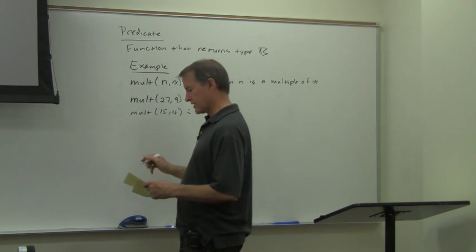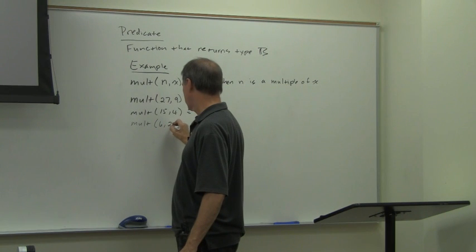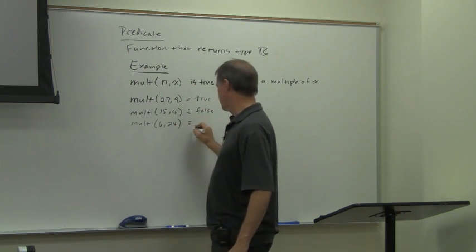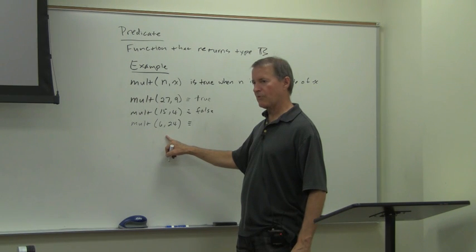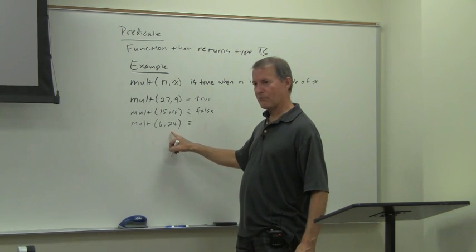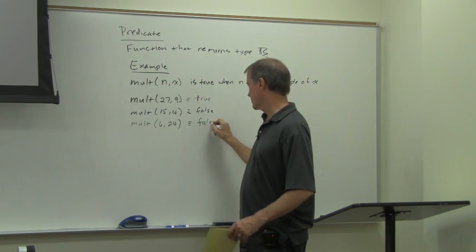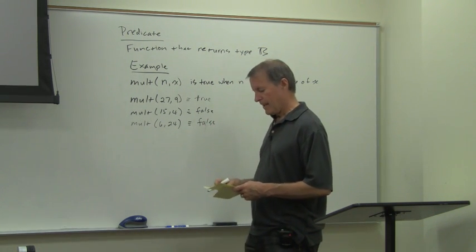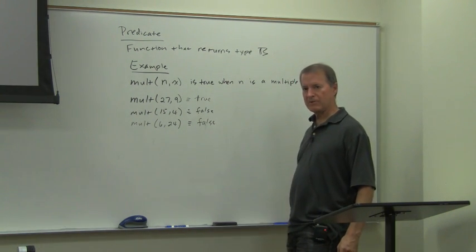And what about mult 6, 24? This is also false because 6 is not a multiple of 24. The multiples of 24 are 0, 24, 48, right? So this is false. Is everybody with me on this?